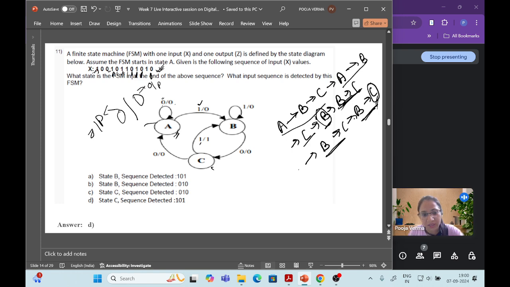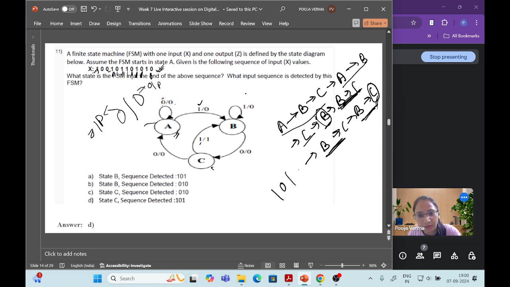So BC, BC and BC. From here we can detect the sequence. So we need to check from here. It will remain in the same state three times. BC, it only moves 1, 0, 1. That means 1, 0, 1.